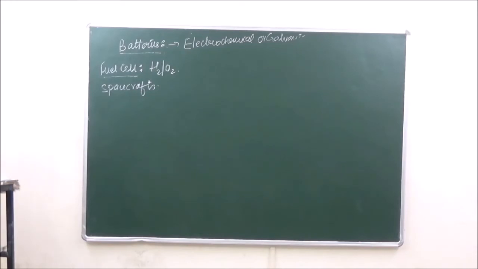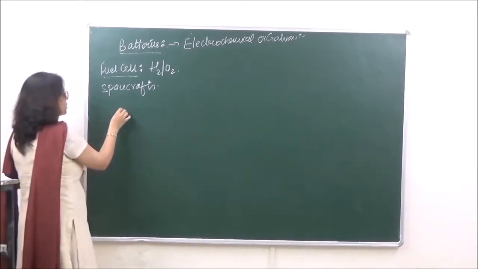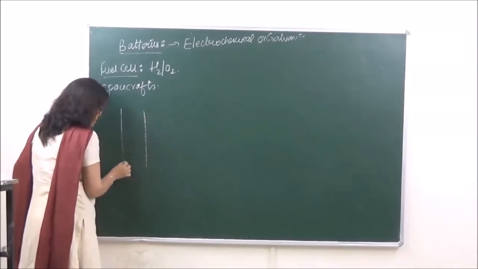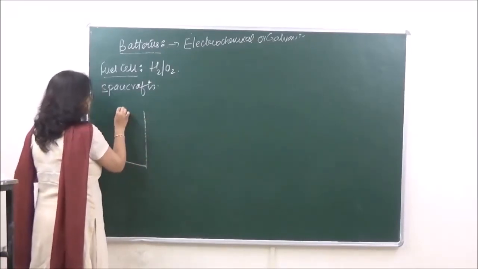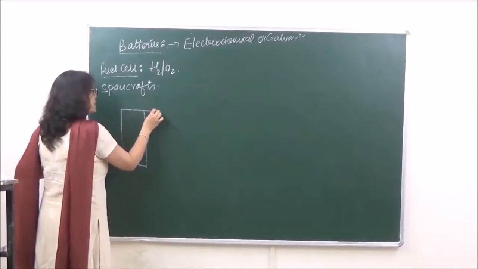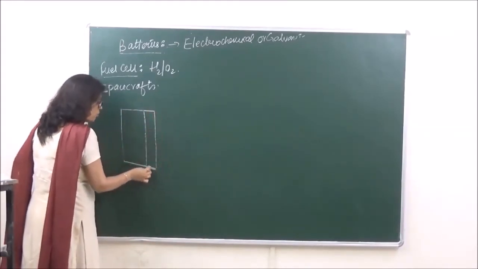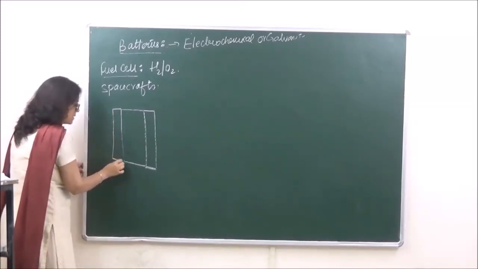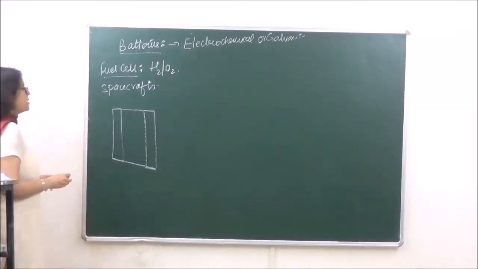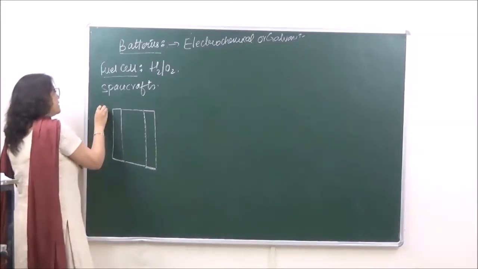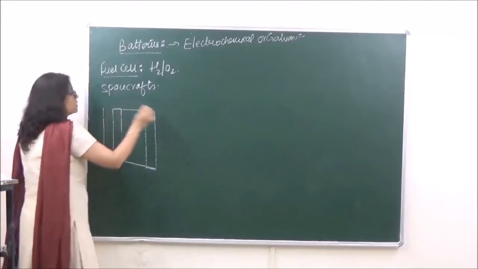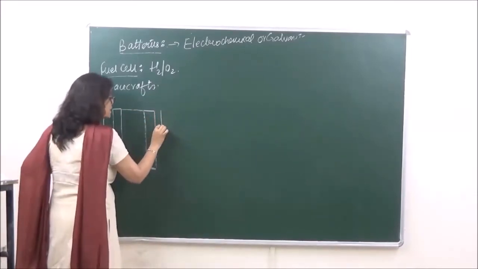The fuel cell basically consists of a center compartment which has the electrolyte and porous electrodes on both sides, and over here we are continuously supplying the two gases.